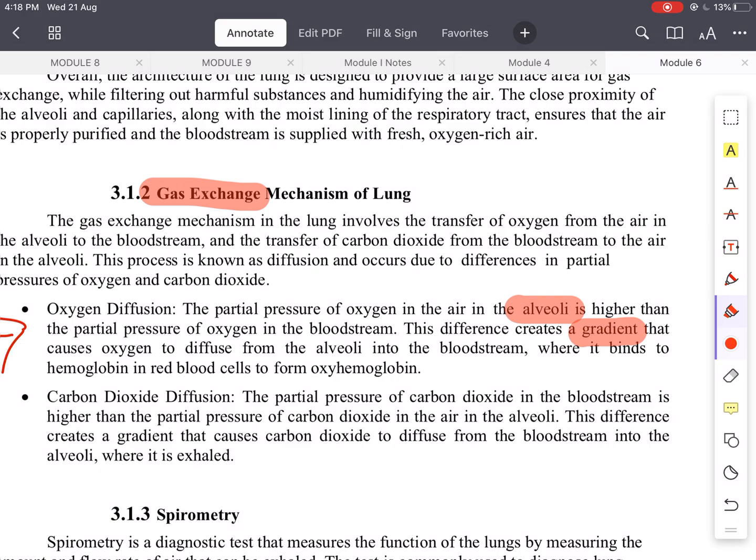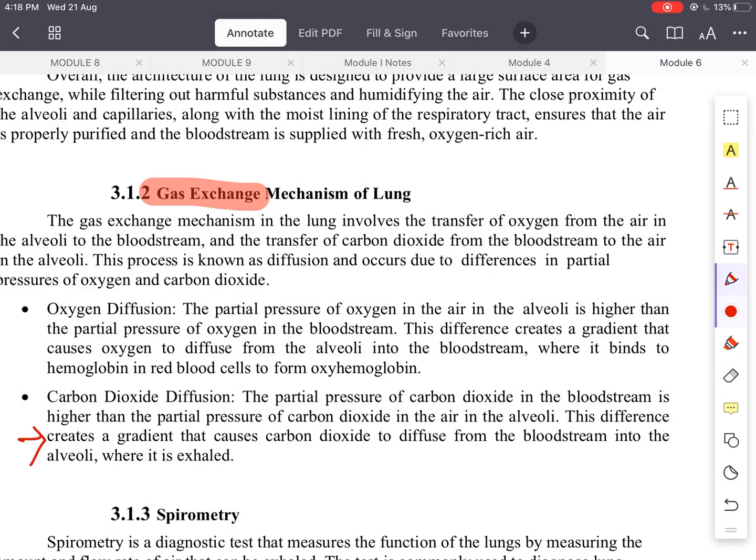To summarize, based on the gradient of oxygen content, air has a higher gradient and the bloodstream has a lower gradient. At the alveoli, the molecules are exchanged from air to the bloodstream. This is called oxygen diffusion.